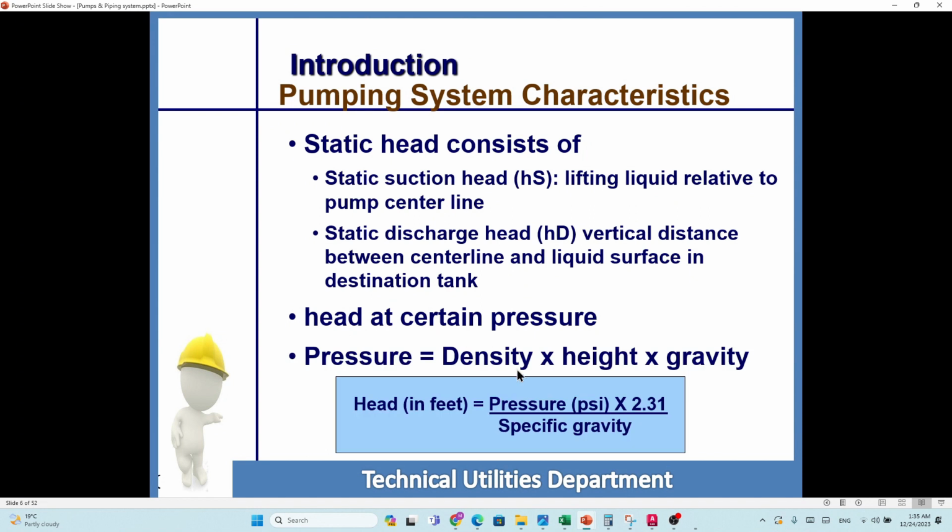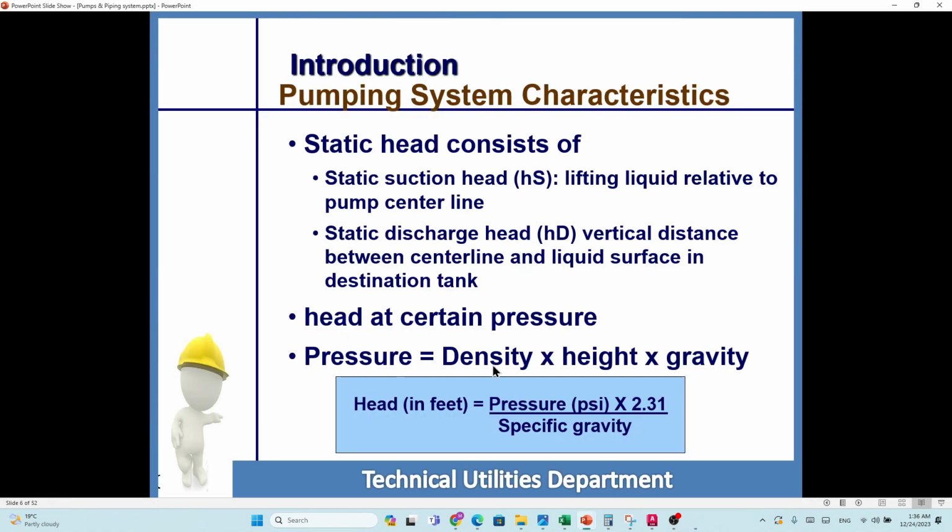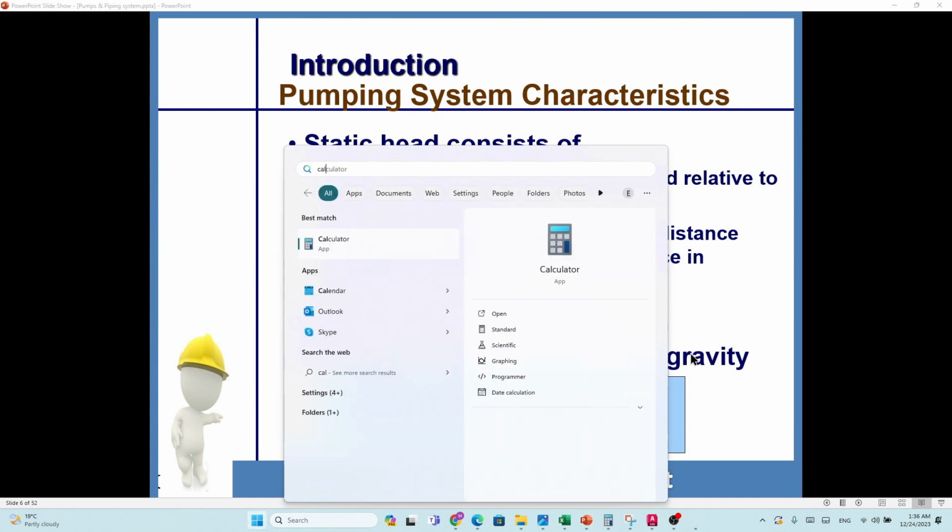And how do we calculate the pressure? If you need to calculate the total head, use a simple formula: density, height, gravity. So this is the height. Multiply this height by the density of whichever liquid you are utilizing. For our case, we are using water, so the density is 1000 and gravity is 9.8.